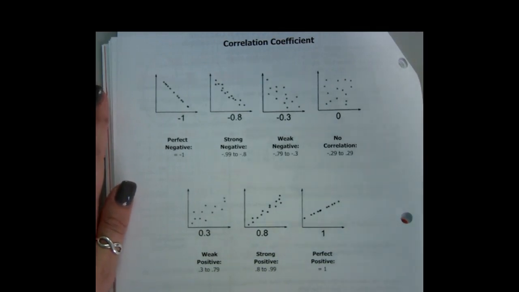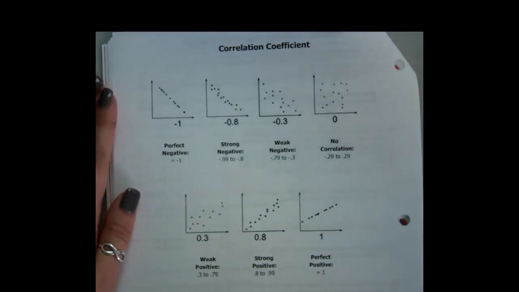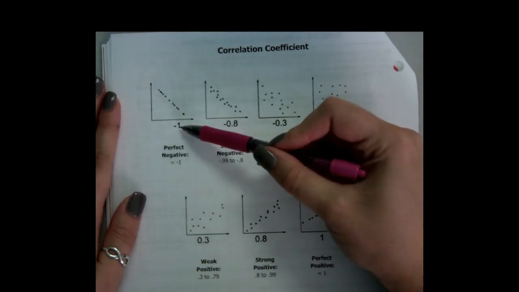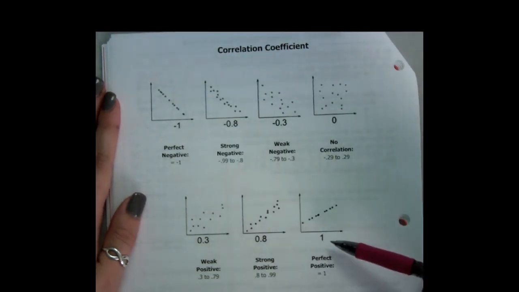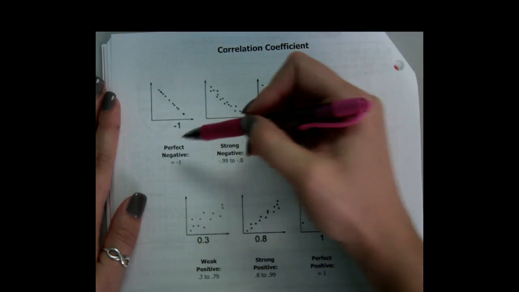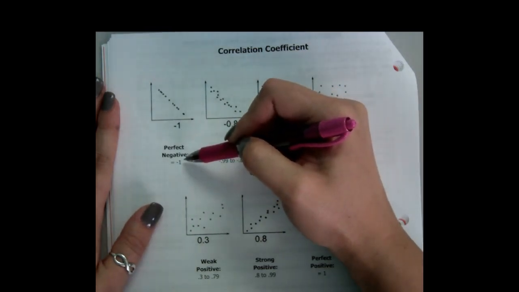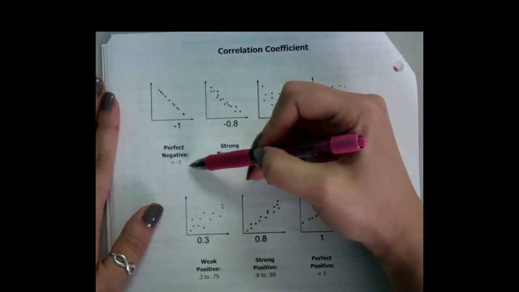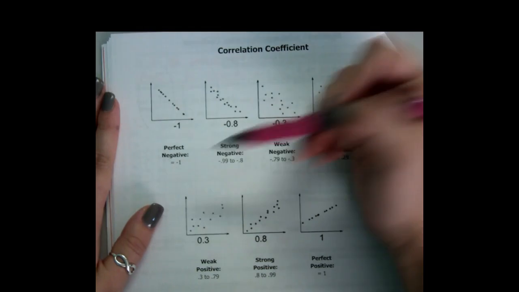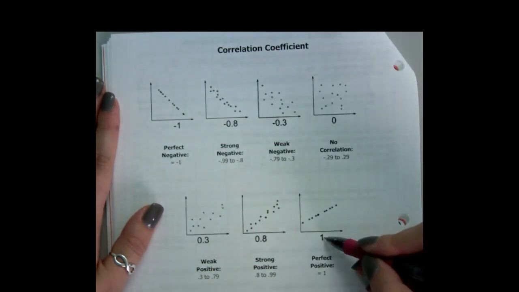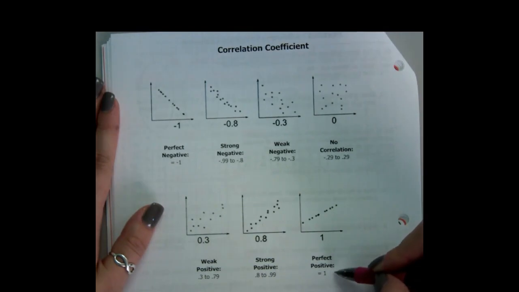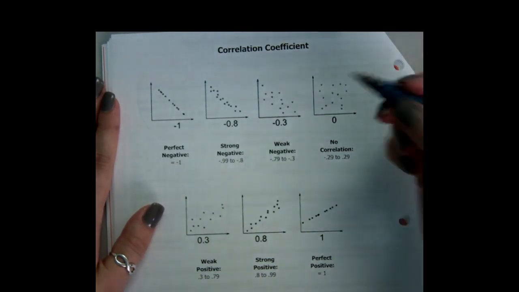So our correlation coefficient is going to be anywhere from -1 to +1. Okay, if it equals exactly -1, that is a perfect negative. So 1 is perfect. If it's a -1, it's perfect negative. If it's a +1, it's still perfect, but it's perfect positive. And then these other ones.